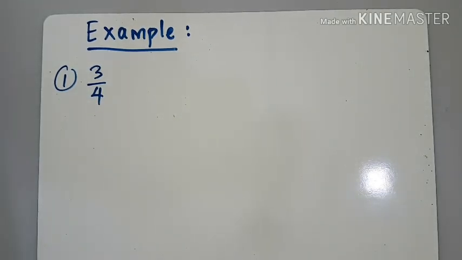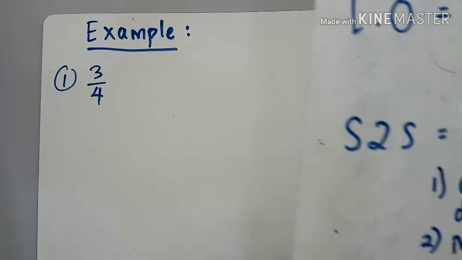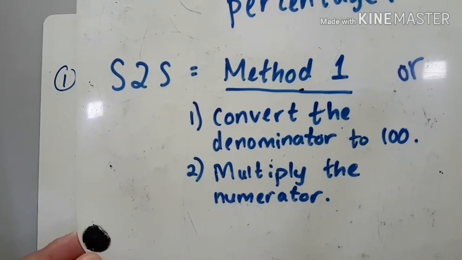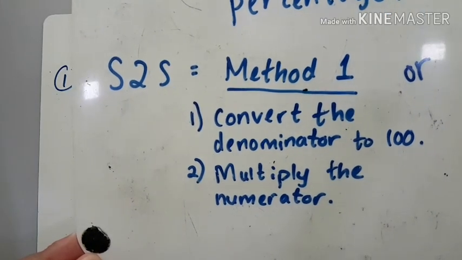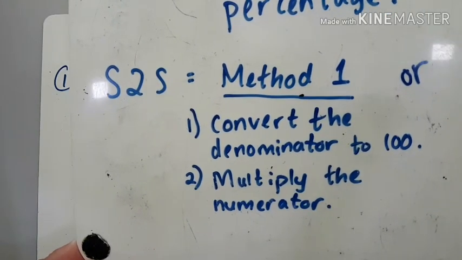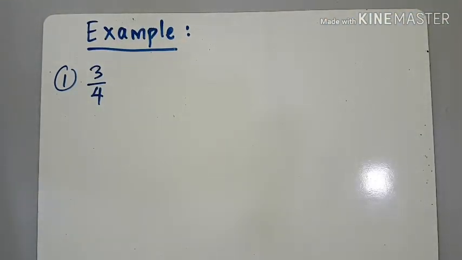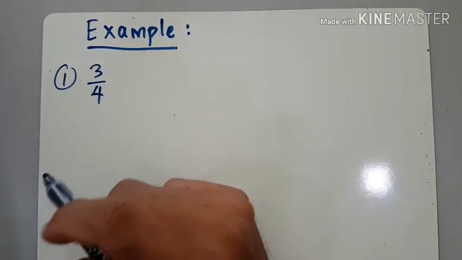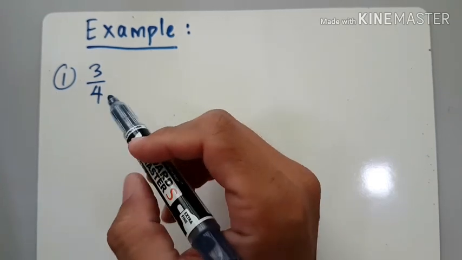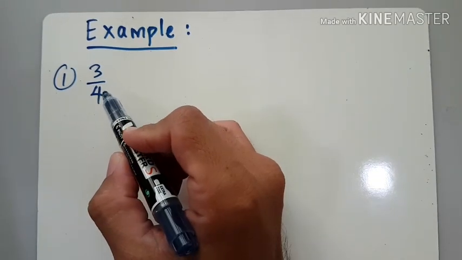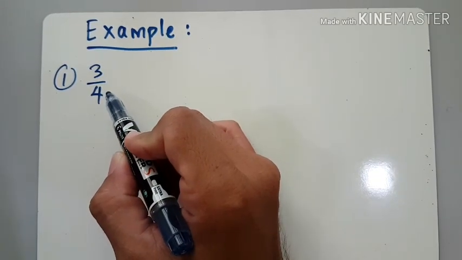So again, by the first method just now, you need to convert the denominator to 100, and then we multiply the numerator. So how to do that? Okay, let's take a look. So remember, the denominator, we need to change it to become 100.